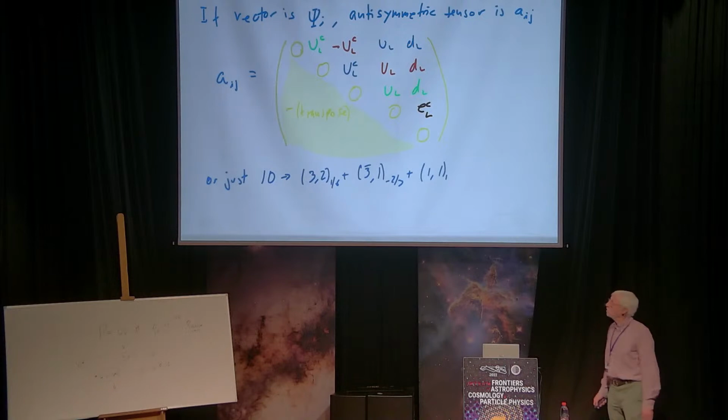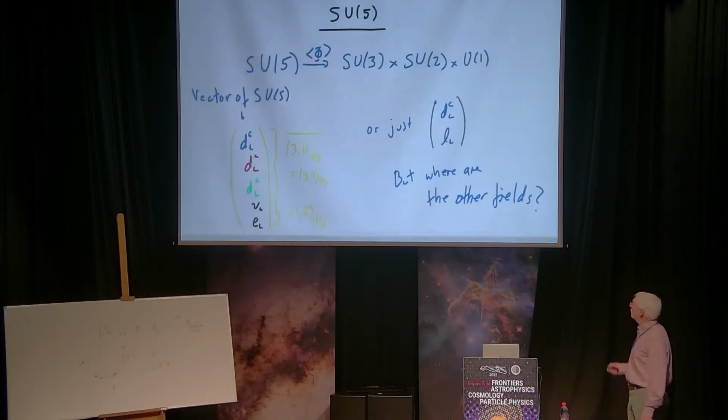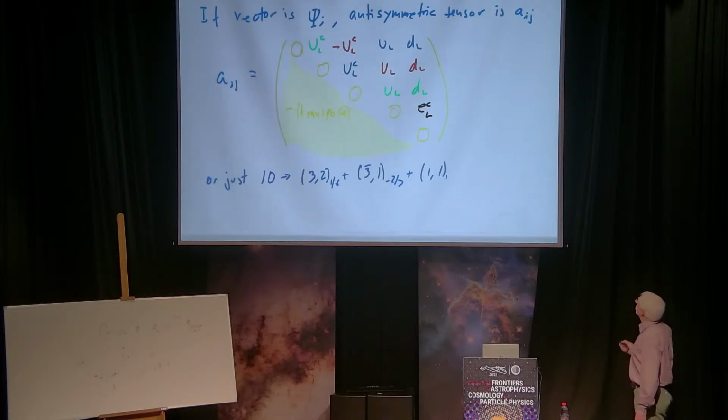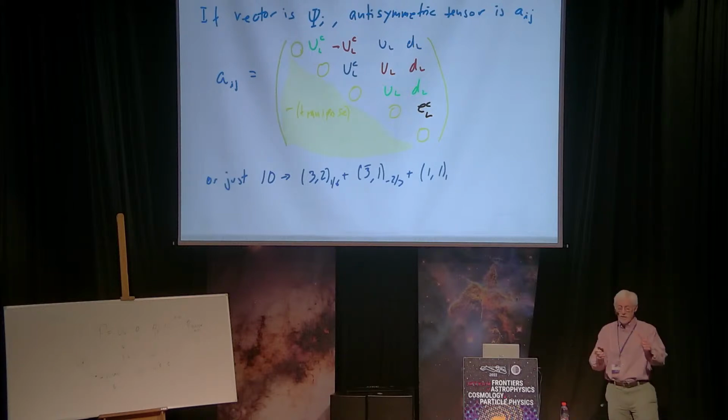The other 10 are kind of interesting. I cannot fit them into other 5s because of the way that they transform under this group and how this group fits inside that one. But it turns out, if you look at the antisymmetric tensor, you take a vector, psi i, and another one, chi j, and you multiply them, and then you make an antisymmetric combination.